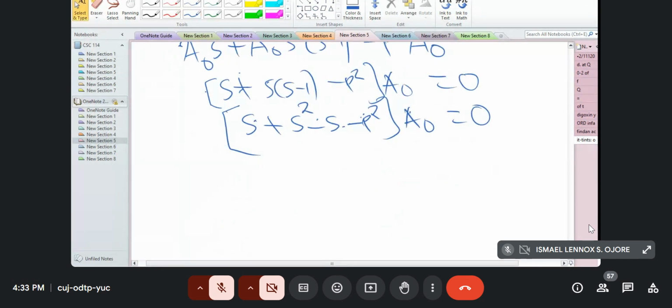The s cancels out, s minus s, so we have s squared minus p squared times a naught is equal to 0.